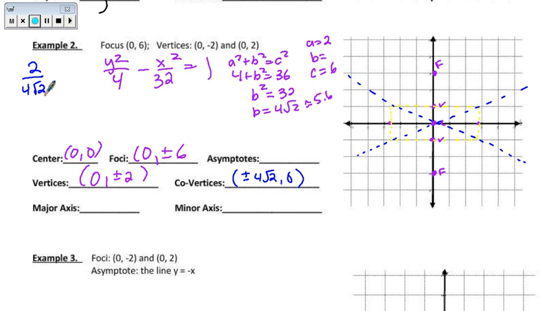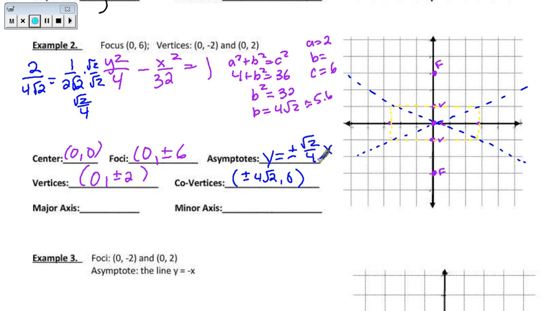So that would reduce to 1 over 2 root 2, which then would need to be rationalized. So we're going to multiply top and bottom by root 2 over root 2, and that's going to get us root 2 over 4. So our asymptotes here are y is equal to plus minus square root of 2 over 4 x.